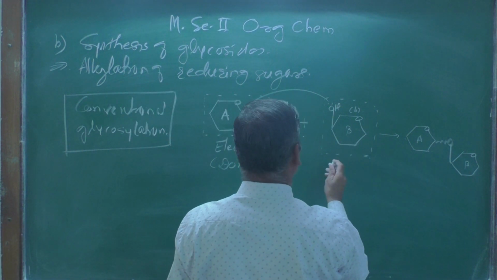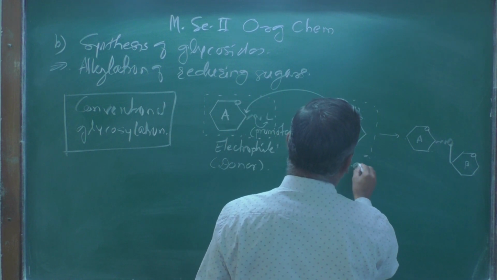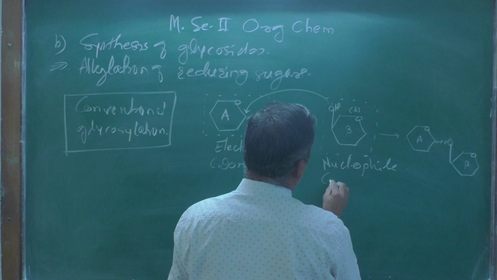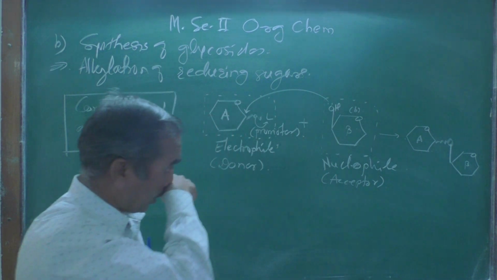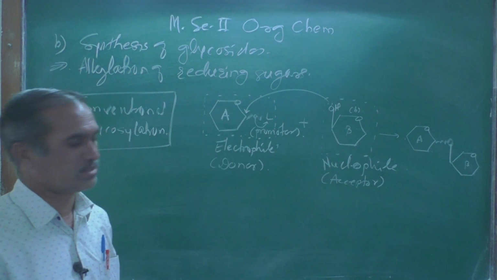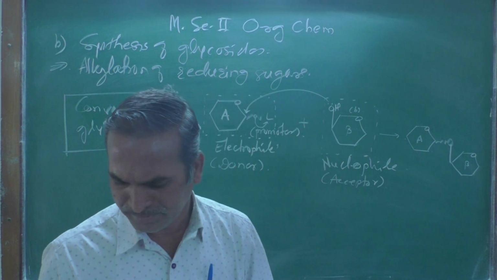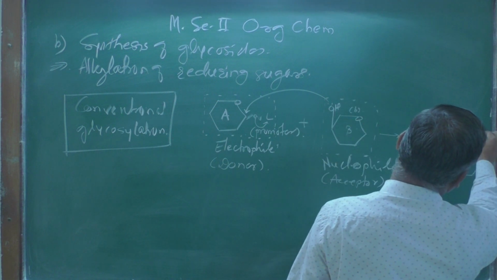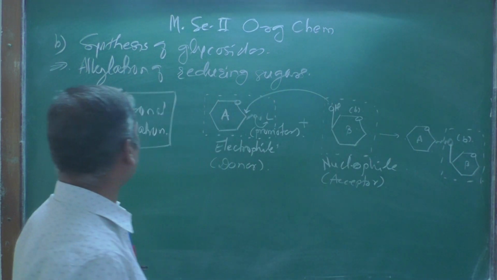This ring is known as a nucleophile, and this nucleophile acts as an acceptor, whereas this electrophile acts as a donor. After that we get the product generally like this, and this is the B method, that is conventional glycosylation.